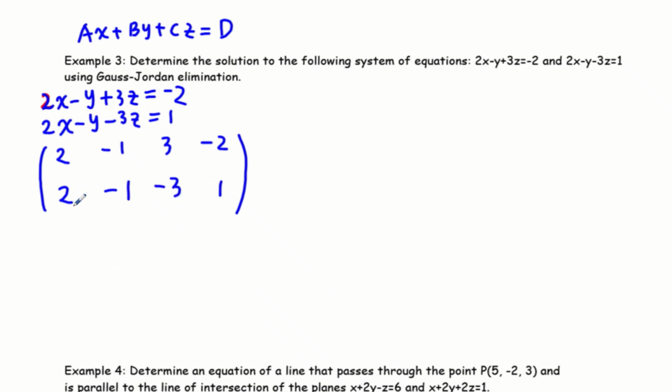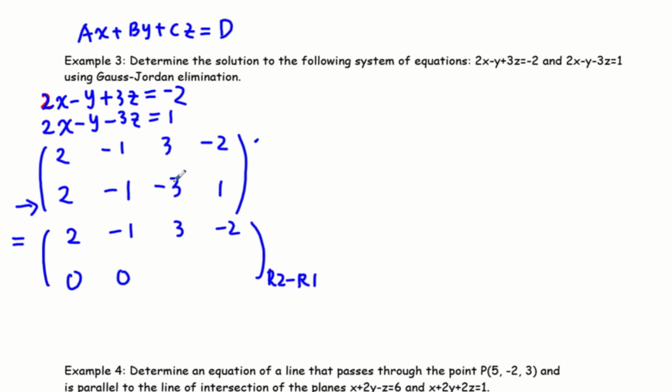So this is R1, R2. Then we want to get the second one 0. We could subtract. So R2 minus R1. We are going to have 0, 0. So copy the first row.